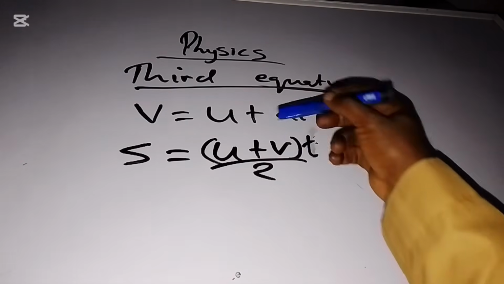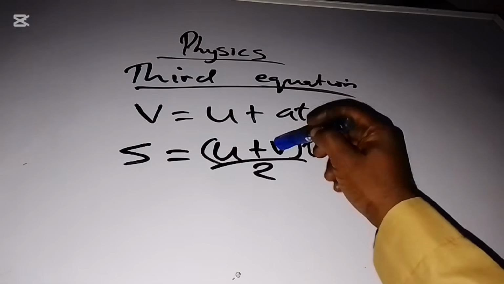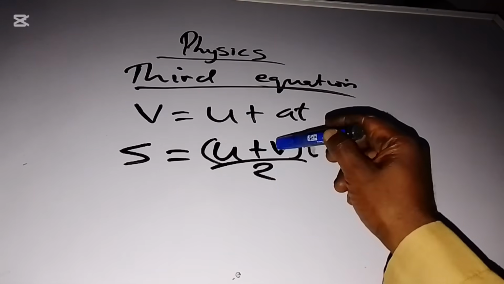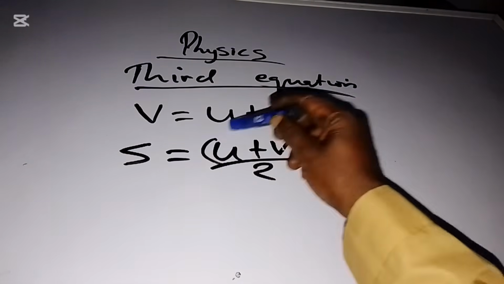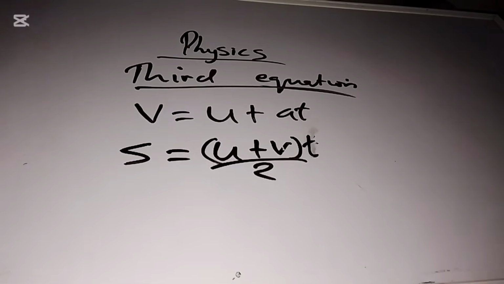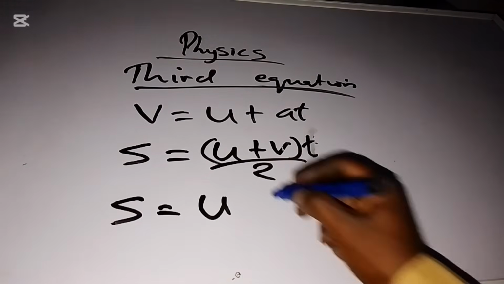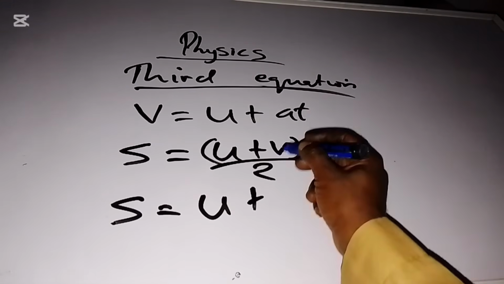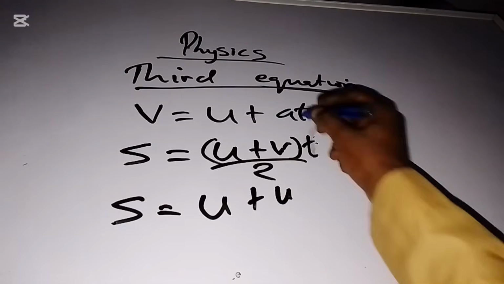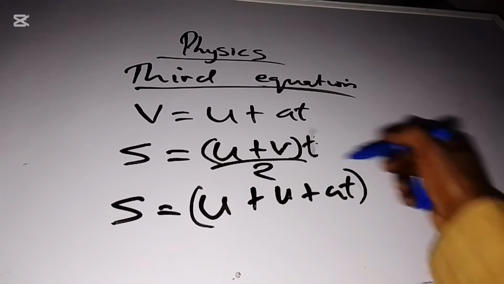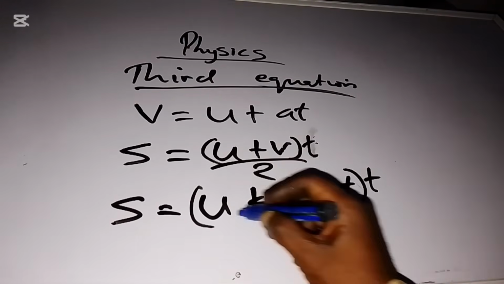So now, instead of writing v here, we know that v is equal to u plus at. So instead of writing v, we put u plus at, and we still multiply by another t here, all over 2.